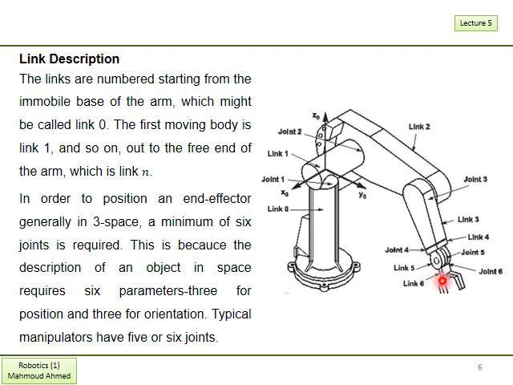And we have here joint 6 with link 6 and link 5 with joint 5. So we have here 6 links with 6 joints. We begin the numbering from the fixed base till reaching the end effector at the end of the chain.